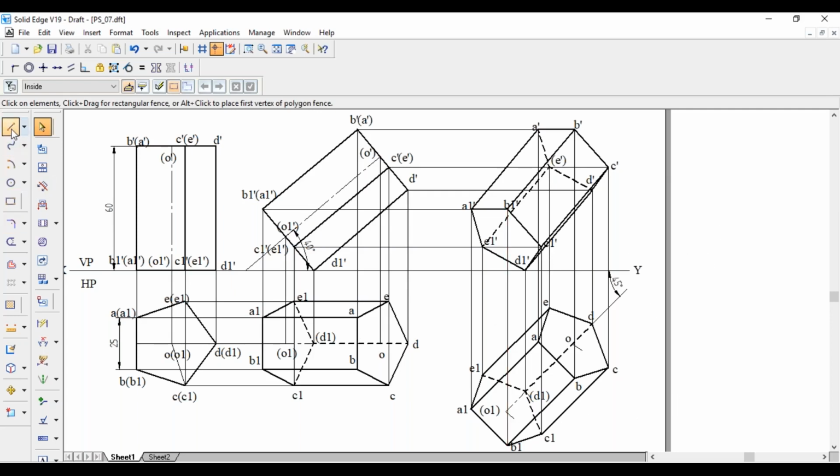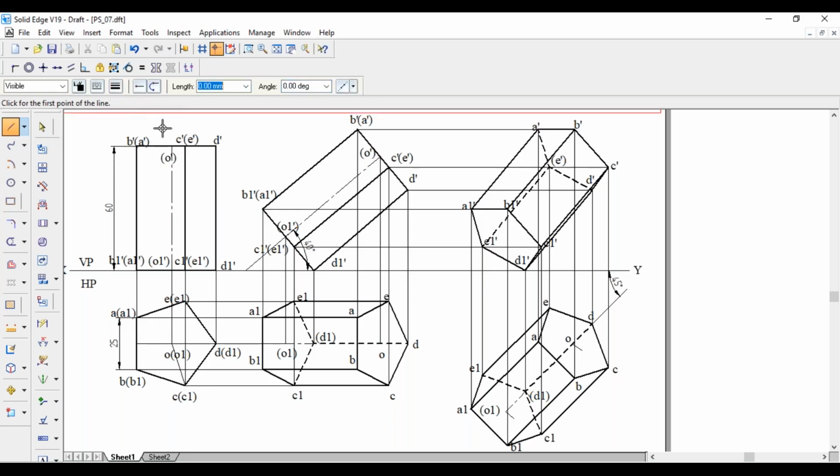Now for the axis, from O, similarly from O1. O1 dash is here, from here to this one, O dash from here to this point.